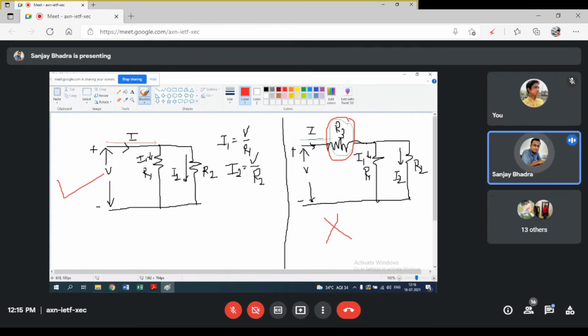You cannot simply write I1 is equal to V by R1. Can we write V is equal to I1 R1? No, because this voltage is not across it. Here we can write it because this is the voltage which appears across R1. But in the second case, we cannot write it because there has already been a drop across R3 before it reaches this junction point.